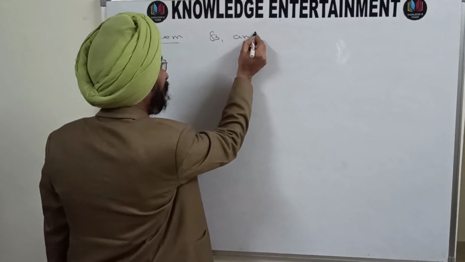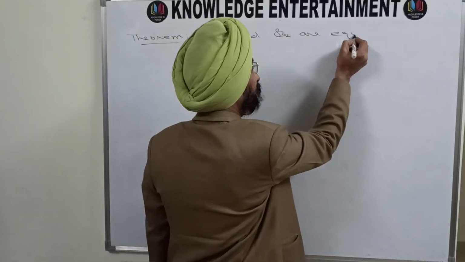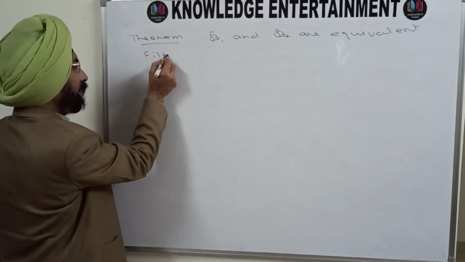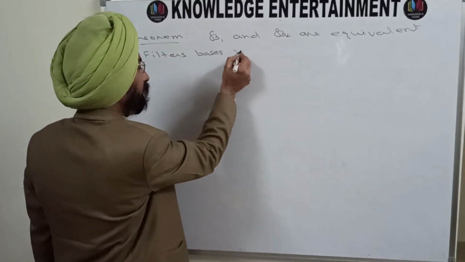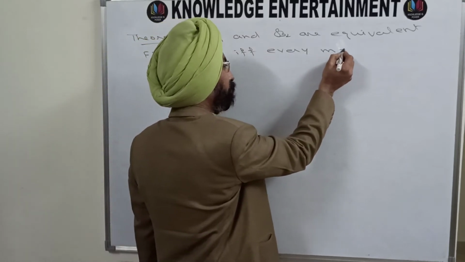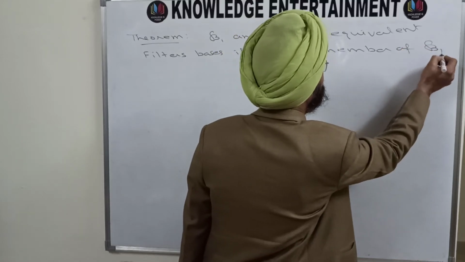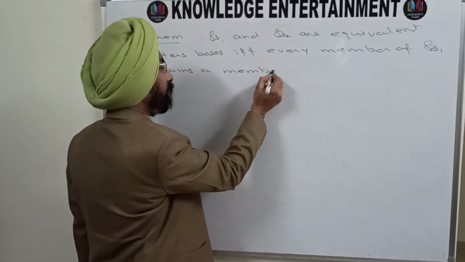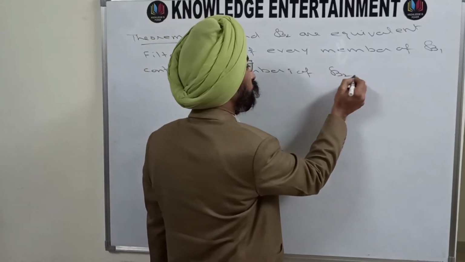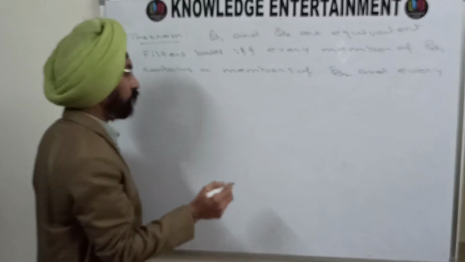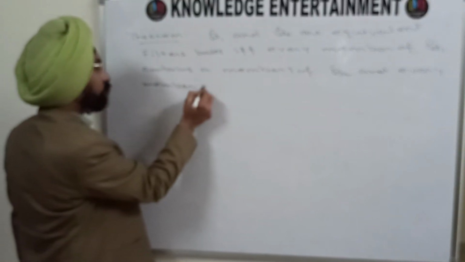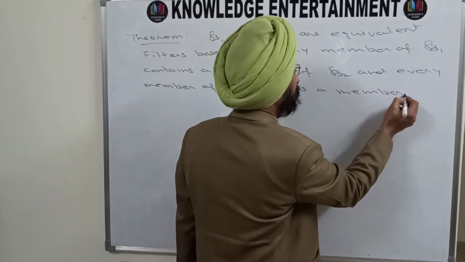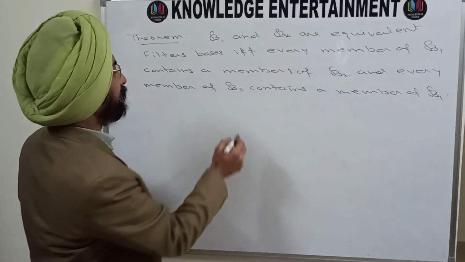B1 and B2 are equivalent filter bases if and only if every member of B1 contains a member of B2, and every member of B2 contains a member of B1. Once again, it is if and only if.